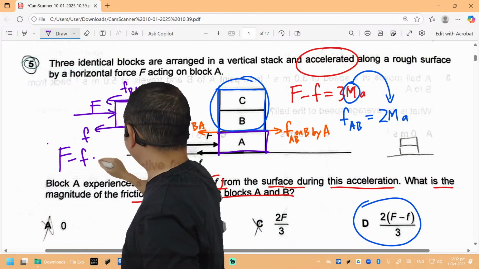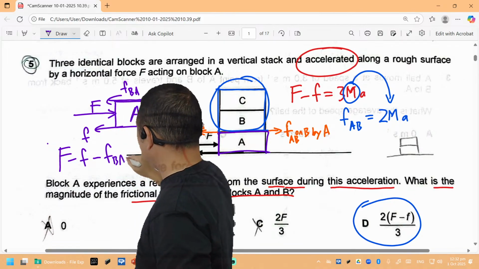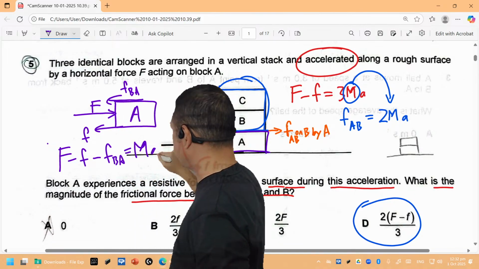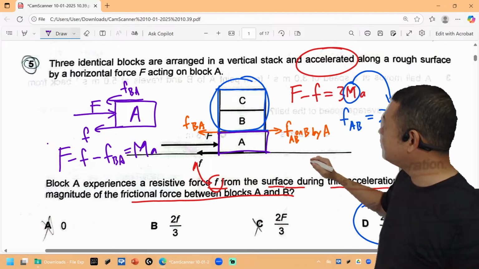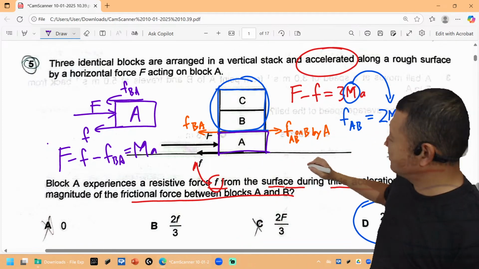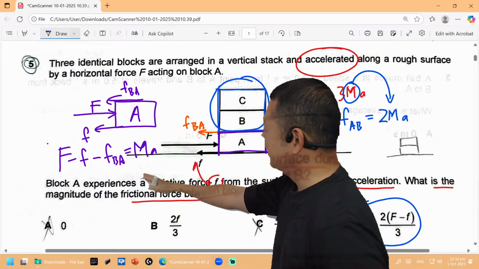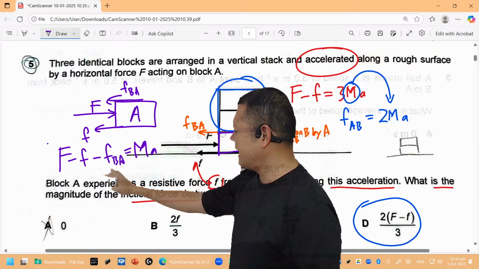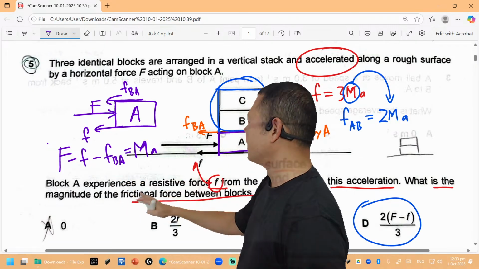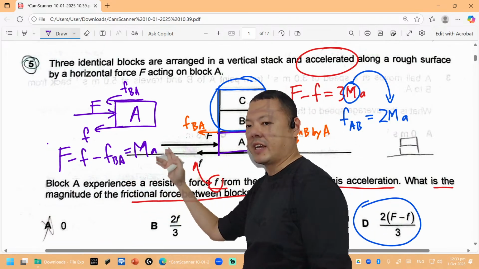F minus FBA equals to single MA, like this. We good? All right. So if you make this the subject, because that's what you're trying to find, you realize that you need to get rid of the M and the A as well.